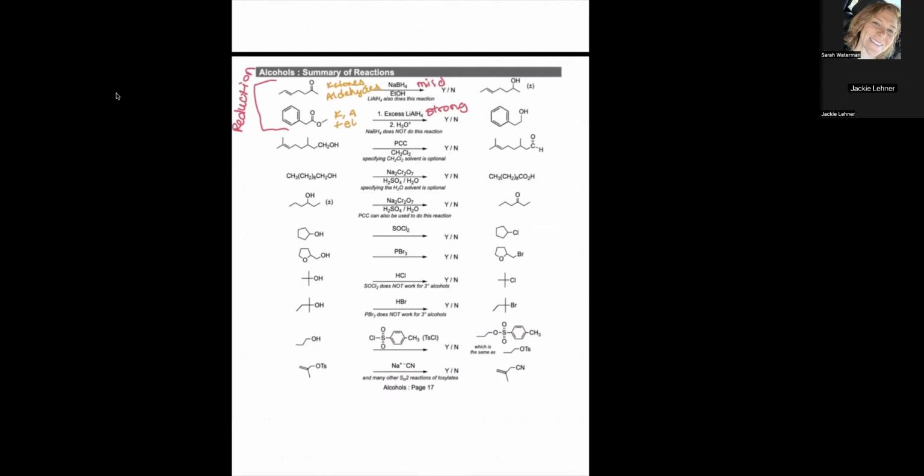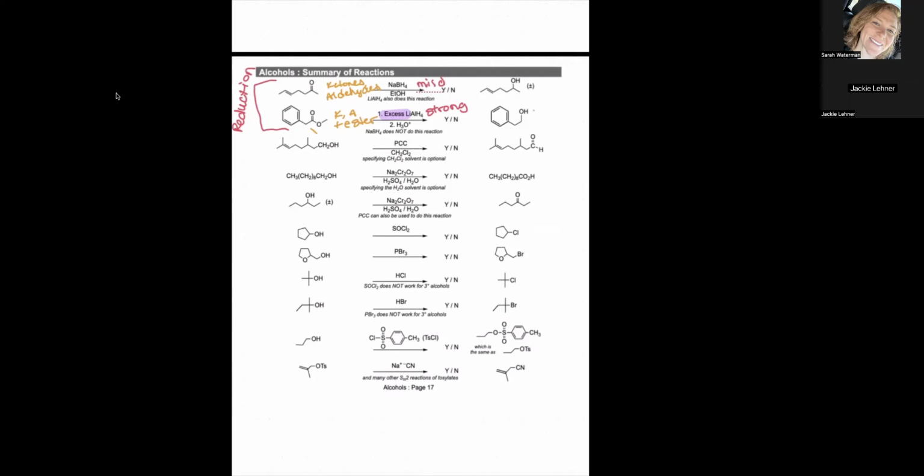So this is an ester. You're able to move it through to an alcohol. These are just reducing agents. NaBH4 is a more mild reducing agent, versus this one. Again, notice that we have excess here, so that we know it's going to go all the way through to reduce it into this alcohol. So that's all that is.